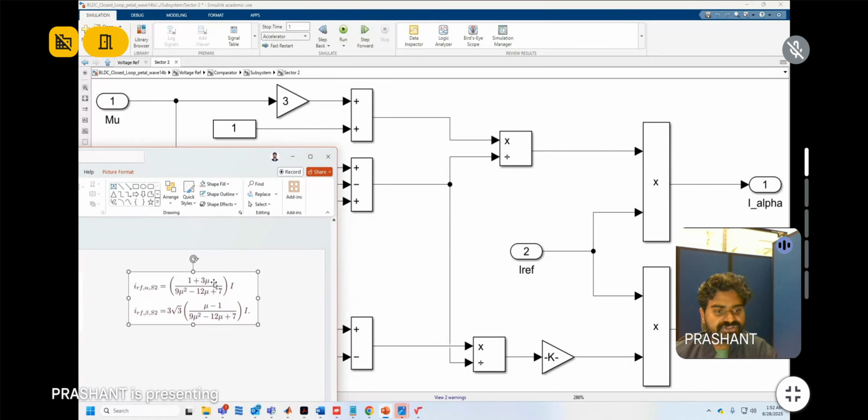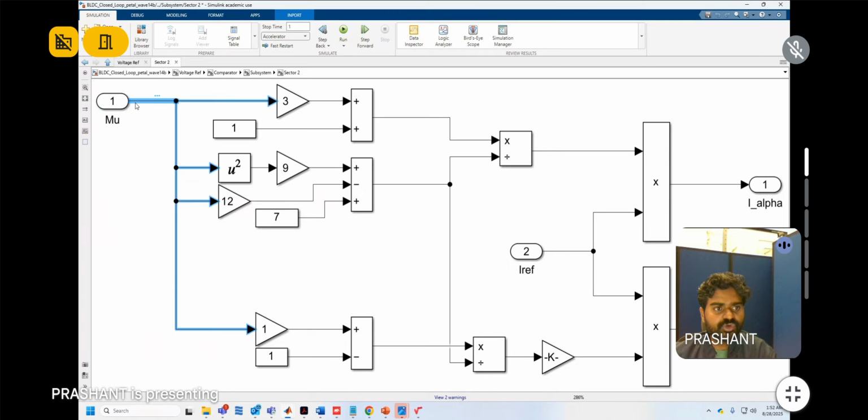The sector 2 derivation was 1 plus 3 mu upon 9 mu square minus 12 mu plus 7. So 1 plus 3 mu in the numerator part. The denominator part is 9 mu square minus 12 mu plus 7. Mu was coming from here.